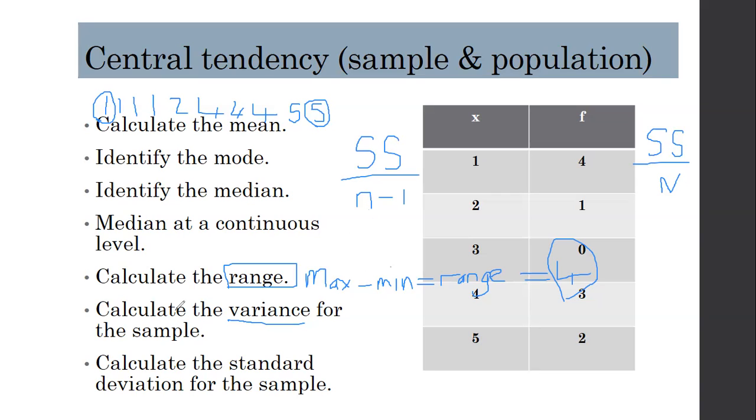To calculate such variance, the standard deviation is the square root of this. And the formula for this is the sum of x squared minus the sum of x.